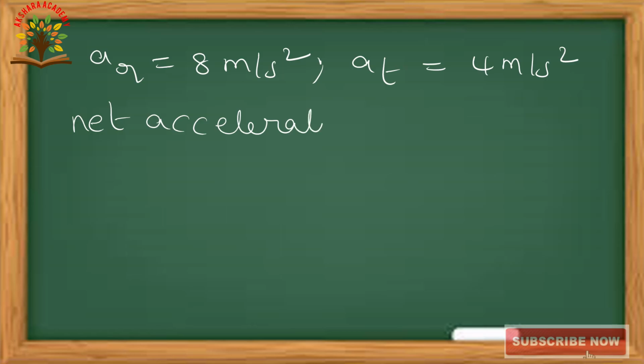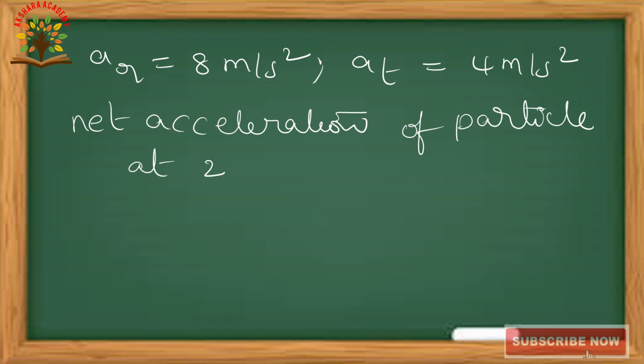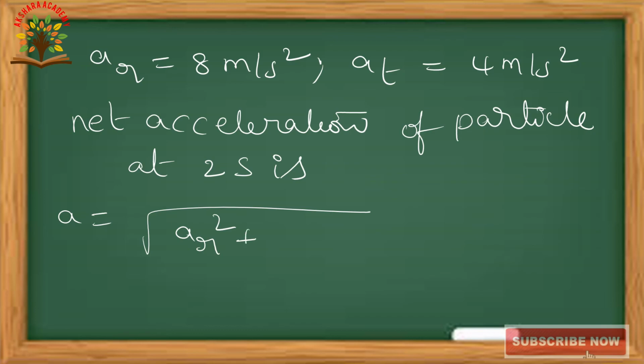Net acceleration of the particle at t is equal to 2 seconds is A is equal to square root of AR square plus AT square.